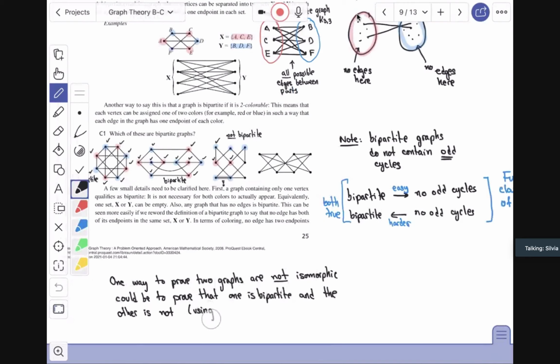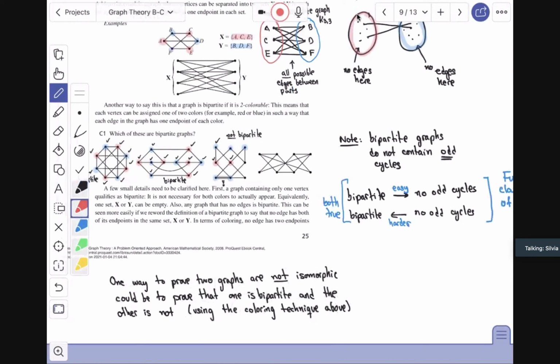You can use the coloring technique. Let me see very quickly.